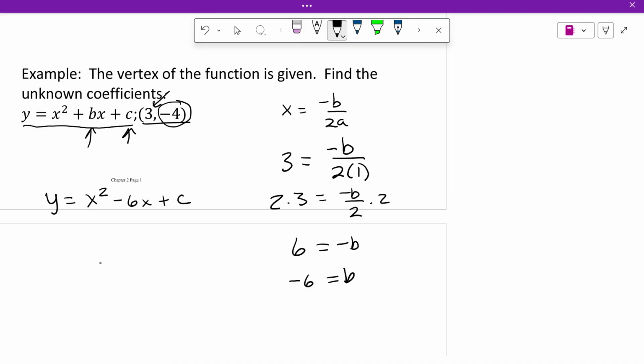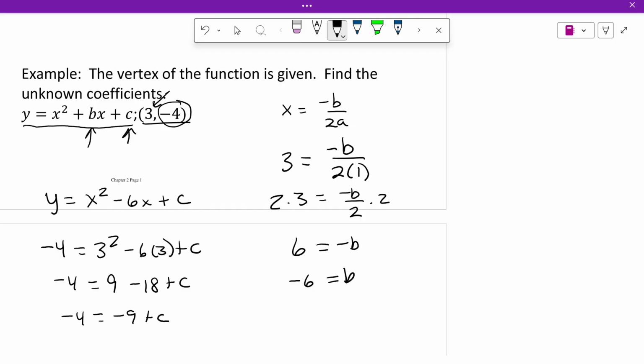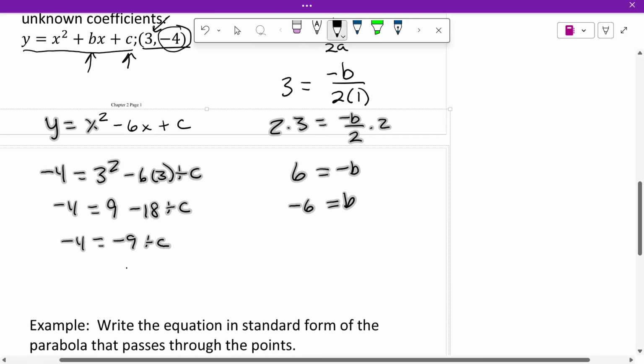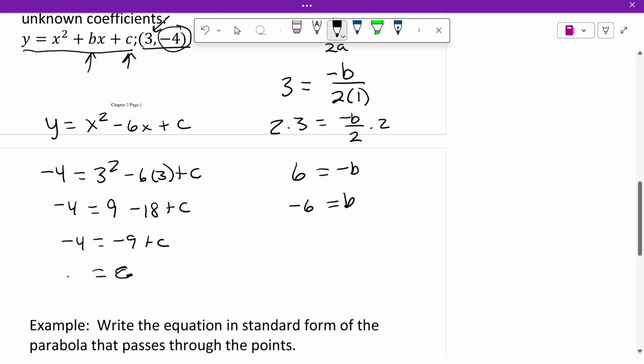So if I plug my 3 into this function, then put a 4 here, I can figure out c. 3 squared minus 6 times 3 plus c. So negative 4 equals 9 minus 18 plus c. Negative 4 equals negative 9 plus c. So if we add 9, c equals 5. Wow, c equals 5.